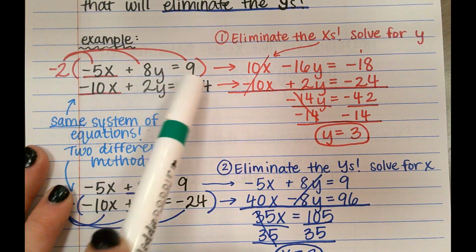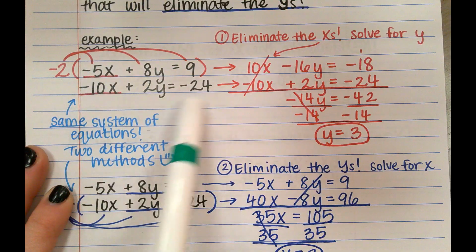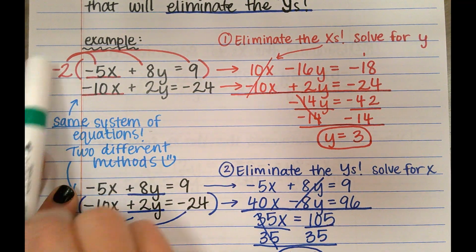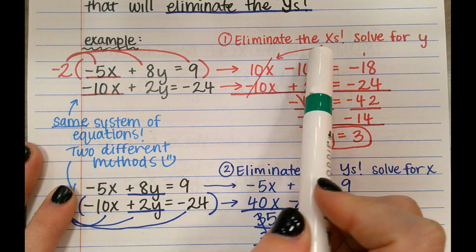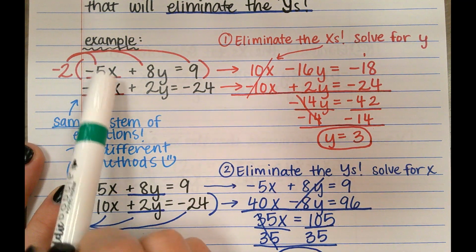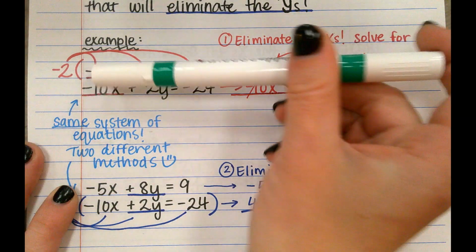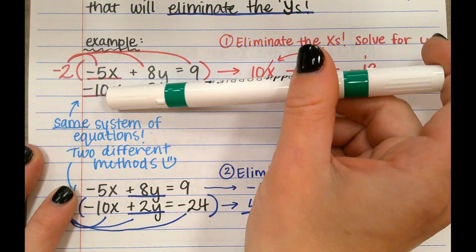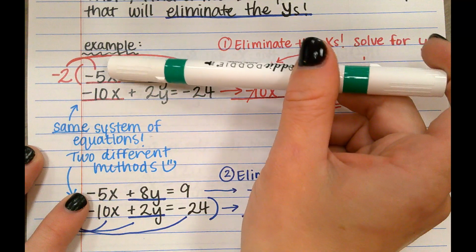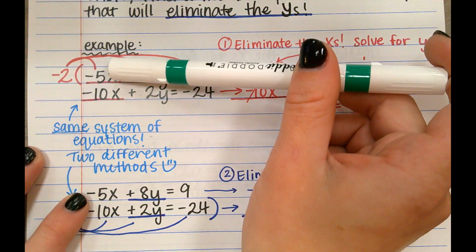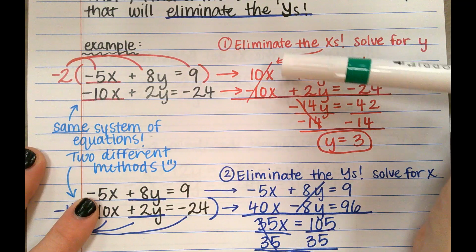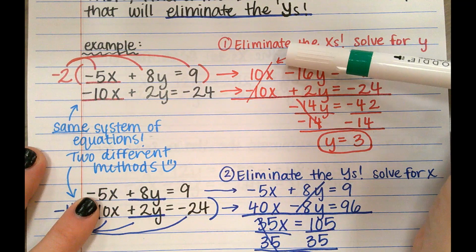I have these two equations as a system, and to start, I first decided to eliminate the x's so that I could solve for y. I have x's of -5 and -10, and I decided I need this x to be +10 so that when I add them together, they will cancel.